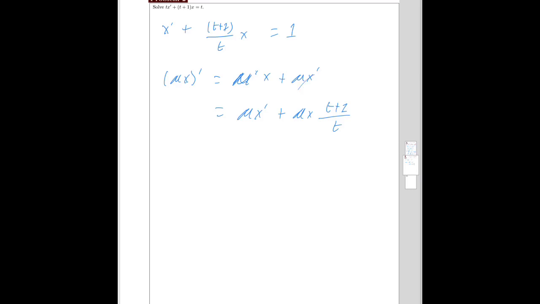Okay, and so now those two terms cancel, and so what we want is an equation that satisfies mu prime x equals mu x (t plus 1)/t. The x's cancel, and now the equation that we're left with is mu prime over mu is equal to (t plus 1)/t.